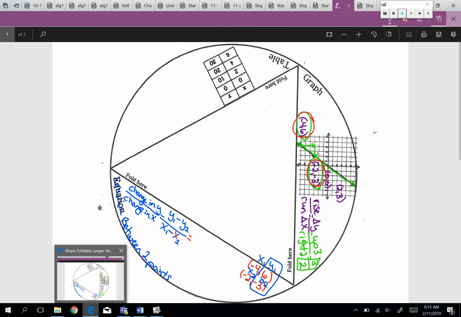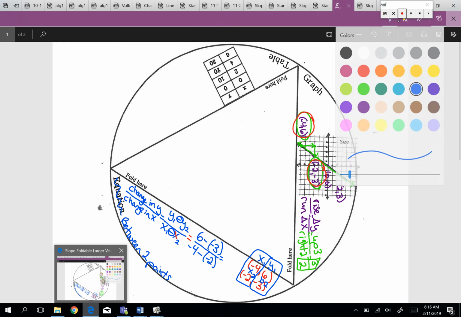So we're going to have 6 minus, and we have a -3. We have to be careful when our coordinate is negative, we still have to subtract, and that's going to be a negative. For the x's, we start with -4 minus, our formula says we subtract, and then we have -2 as our x coordinate.